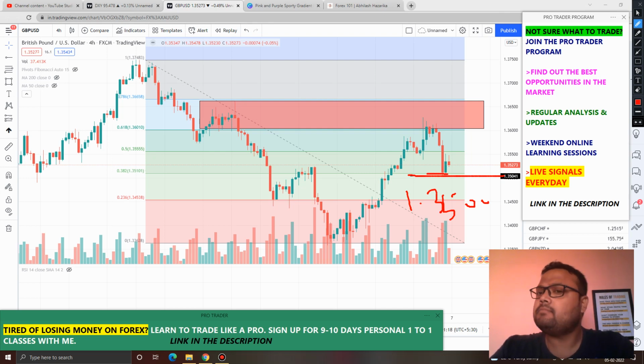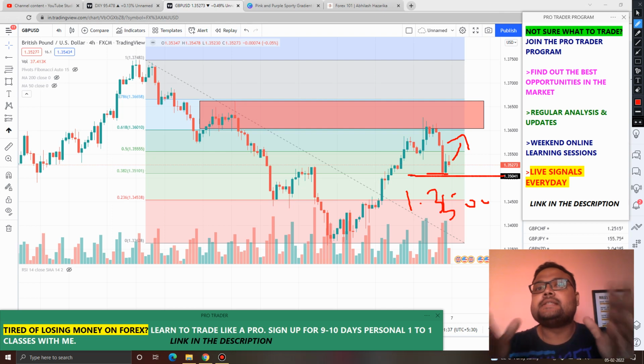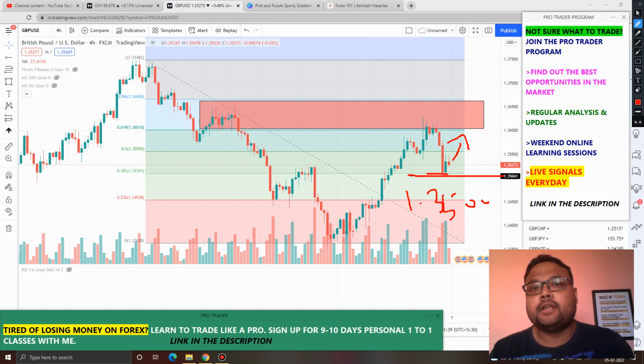So if GBP USD starts going down, and if we see that it has crossed the level of 1.3500, and if the size of the candle is also good, then we can take a sell position. Why does the size of the candle matter? Because the size of the candle signifies the presence of volume in the market.